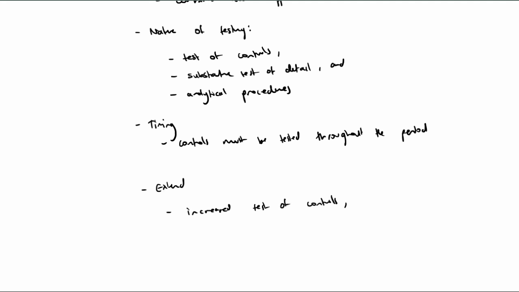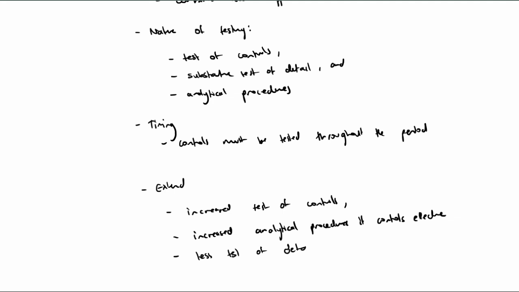I'll do increased analytical procedures if the controls are working, and I'll do less test of detail. And that's the effect on the plan for both the group and the subsidiary. Let's go have a look at the solution.